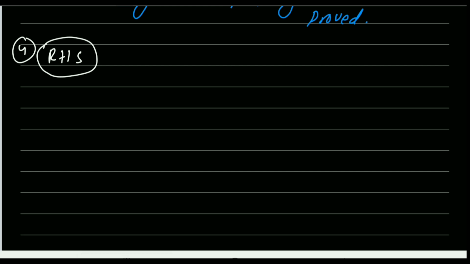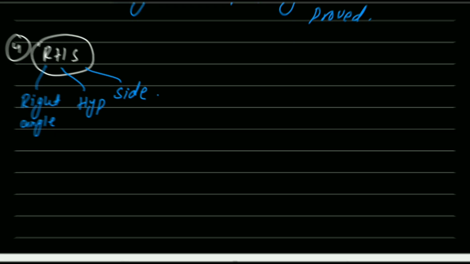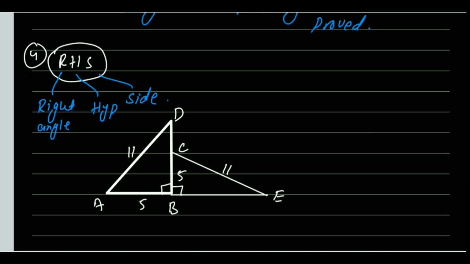R means right angle, H means hypotenuse, and S means side. How will we prove these two triangles with the RHS property?